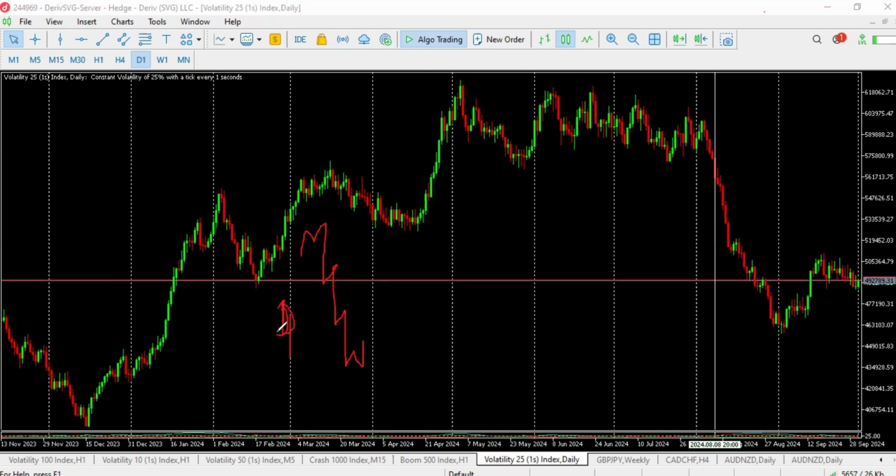I'm going to call this D1. Now this same move here, we're going to be seeing it on the H4 time frame. Take note of something. From here to here is the level 1 drop. This is what you're going to be seeing for the level 1 drop alone on the H4 time frame.